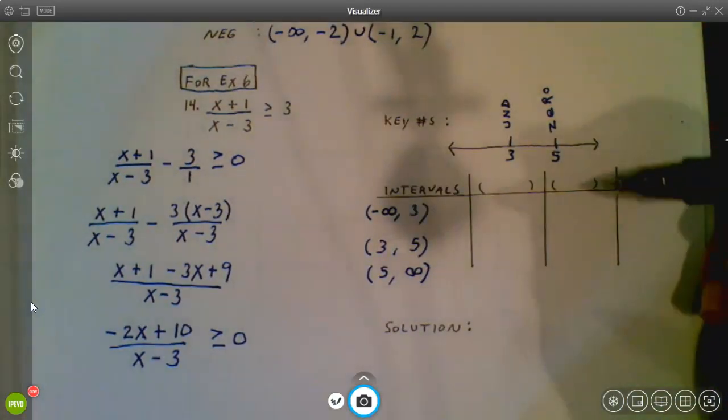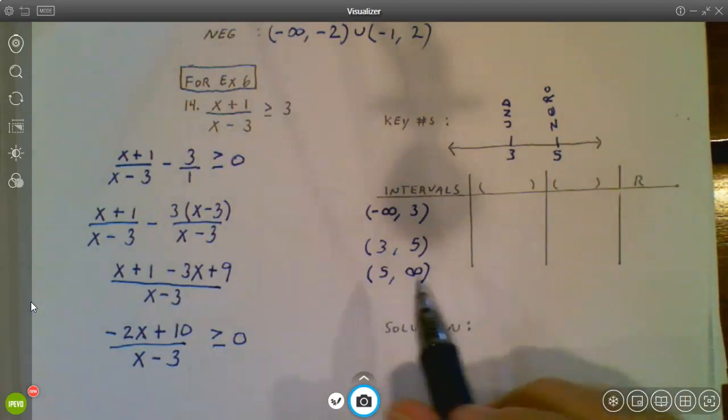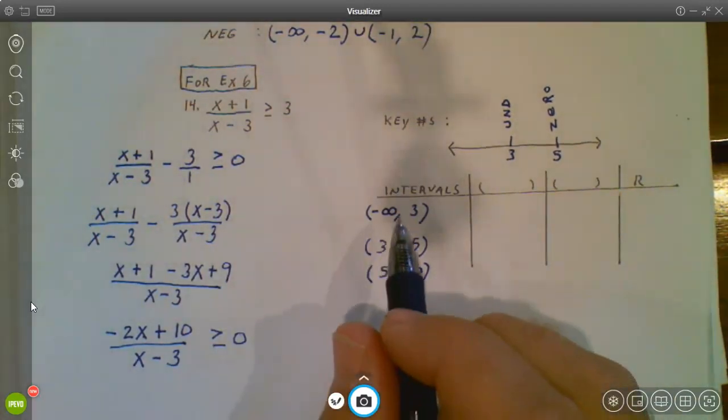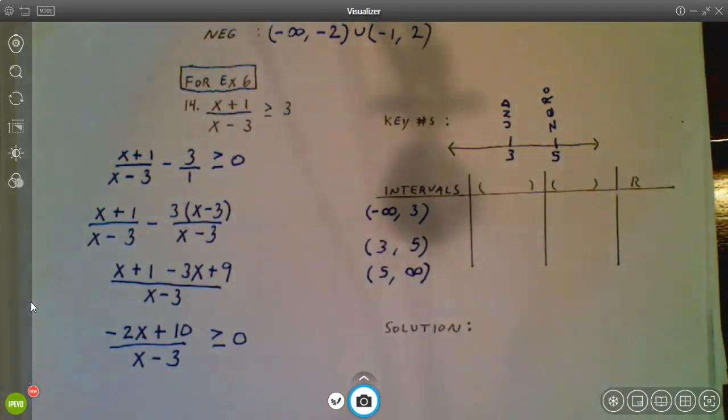All right, so we are looking for where is this thing positive, where is it negative. So what we're doing is, remember, we're picking numbers in these intervals, plugging them in for x to determine whether it is an overall positive or an overall negative section. So if I pick a number like 0 and plug it in, remember, we don't really care what the number is, we care whether it's positive or negative.